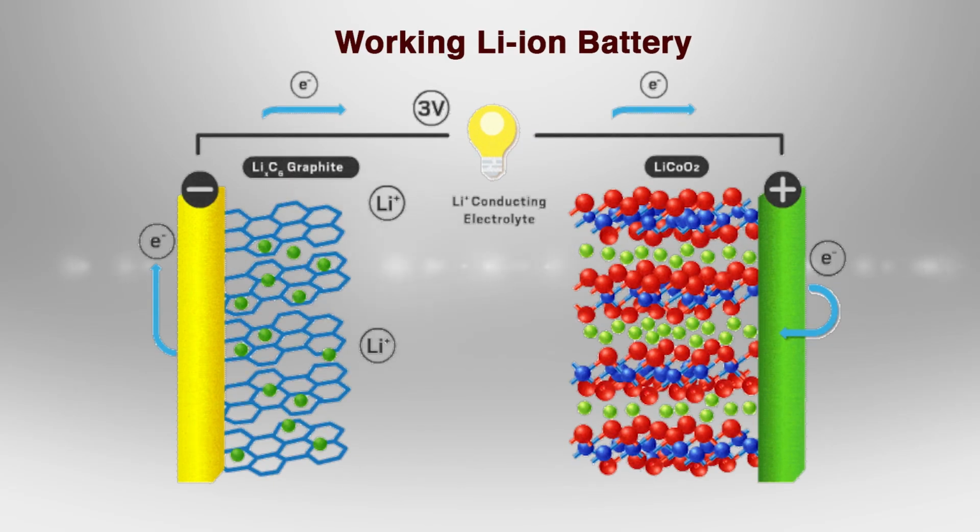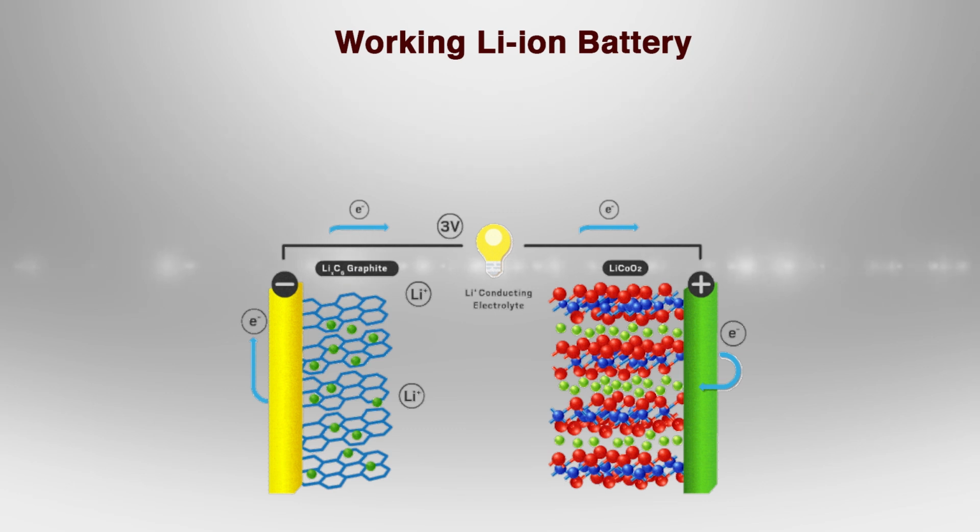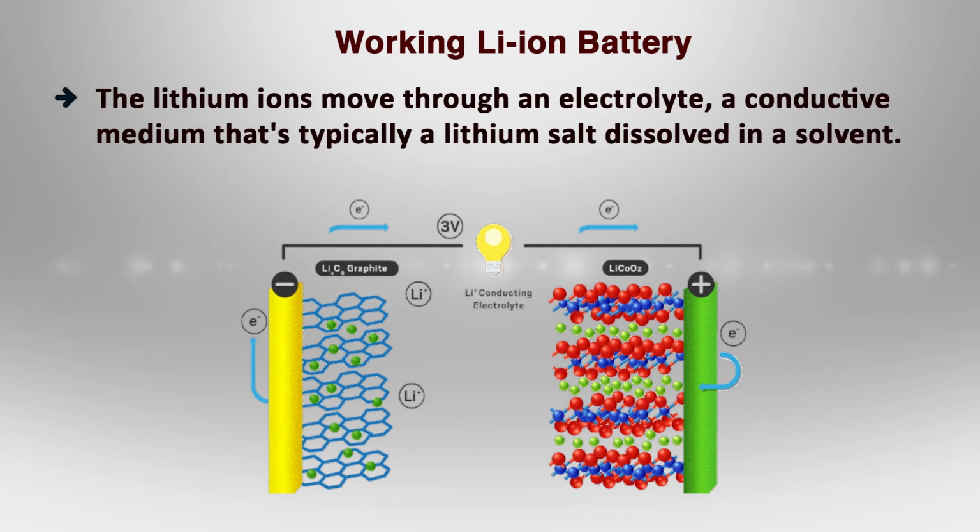So let us understand how the lithium ion battery works. Lithium ion batteries are rechargeable batteries that store and release electrical energy by moving lithium ions between positive and negative electrodes. The lithium ions move through an electrolyte situated between these electrodes, a conductive medium that is typically a lithium salt dissolved in a solvent.